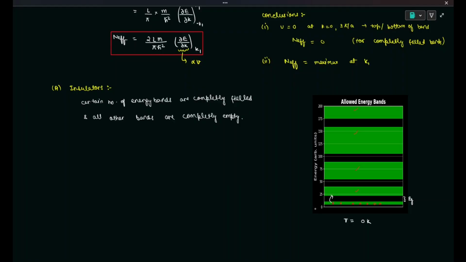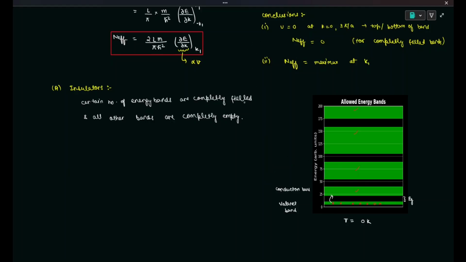This lower level, which is completely filled, is known as valence band, and the band just above is known as conduction band. Now any thermally excited electron may jump to the conduction band if it gets sufficiently high energy to overcome this band gap. So in that case, it can become a conductor.